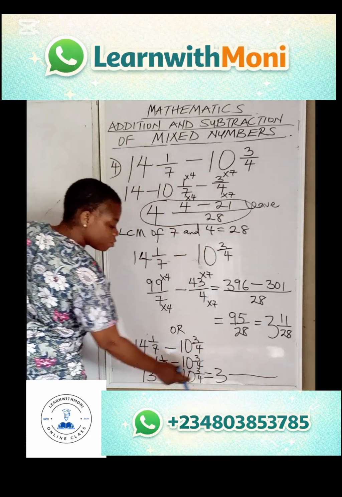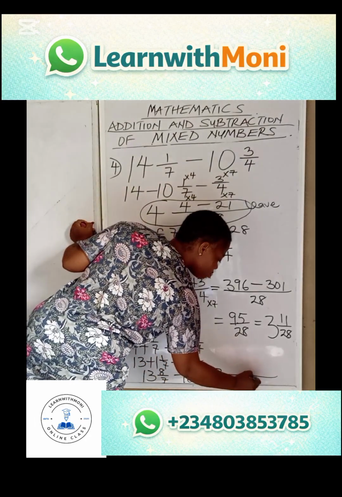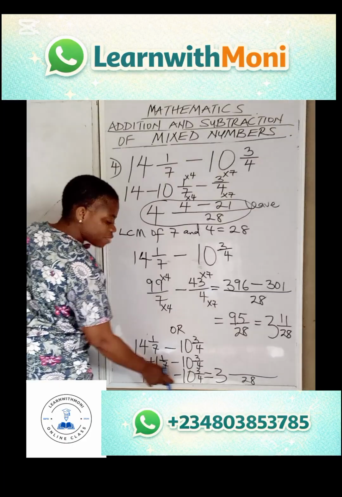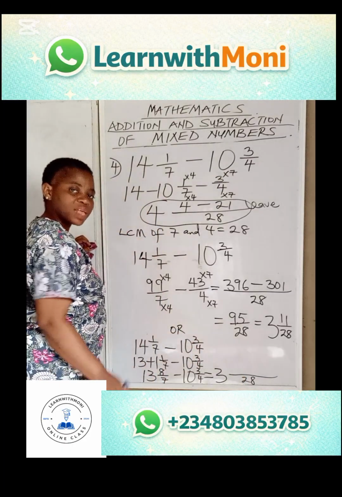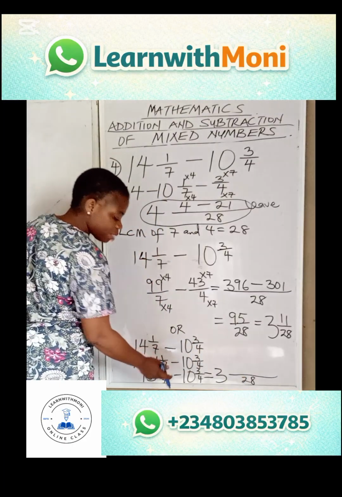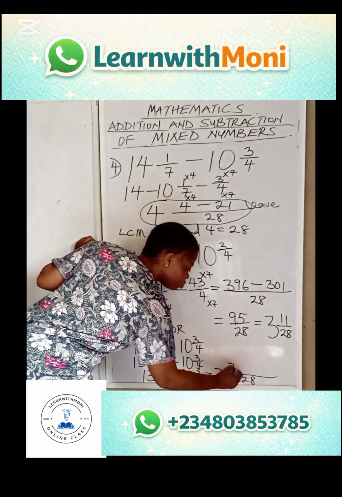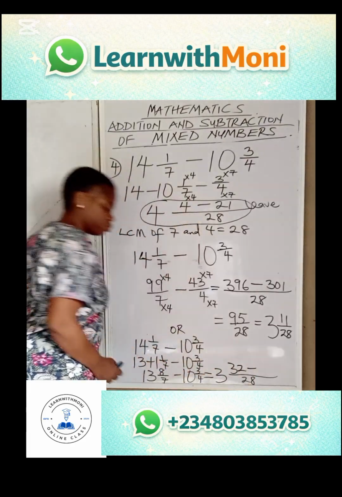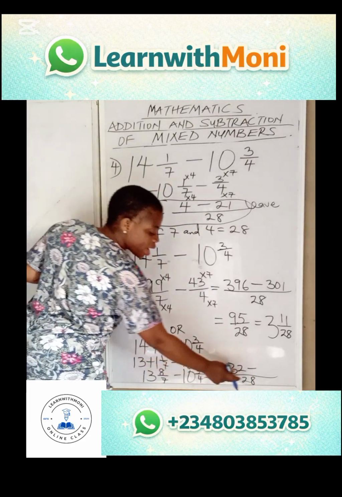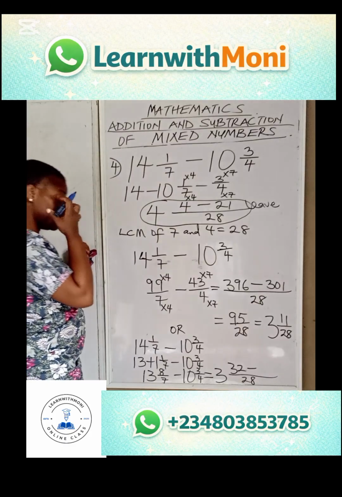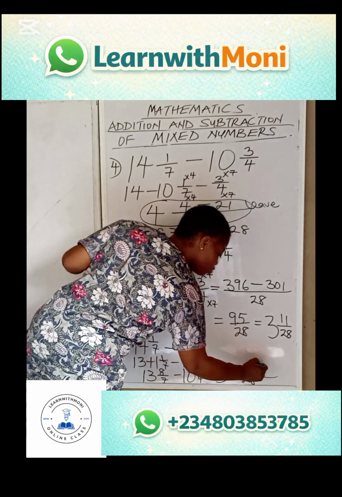Now, the LCM of 7 and 4 is 28. How many 7 do I have in 28? I have 4. 4 times 8 is 32. Minus, how many 4 do I have in 28? 7. 7 times 3 is 21.